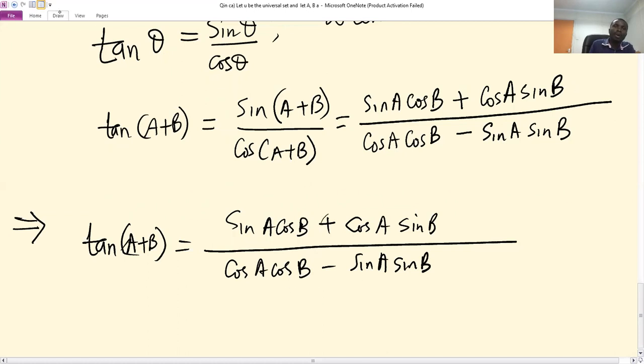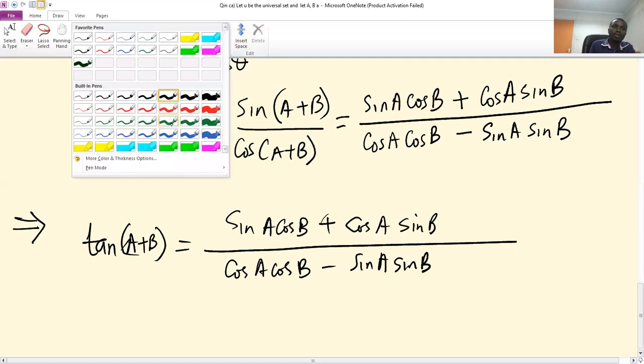We multiply it by 1, but this one we write in a special way that will help us to do the simplification.